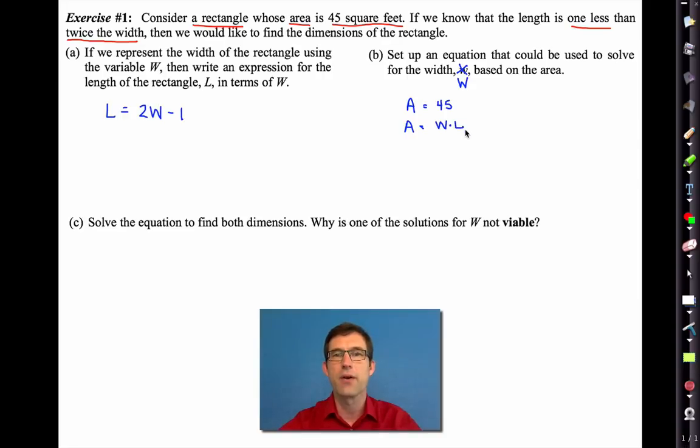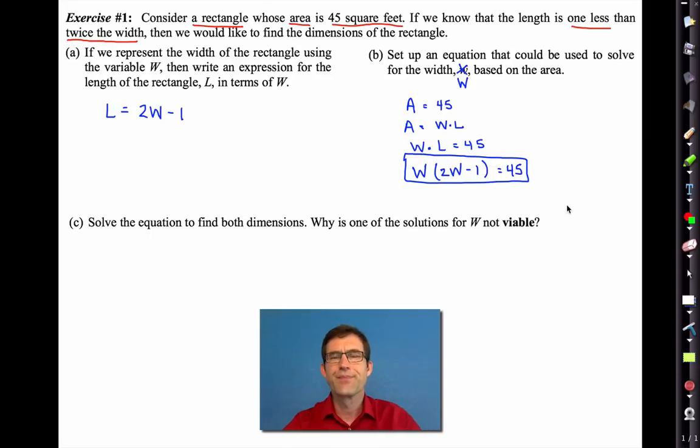It doesn't really matter. So we can combine those two and say, well, the width times the length is equal to 45, or better yet, the width times twice the width minus 1 must be 45. All right? And there's a nice equation that we can solve.